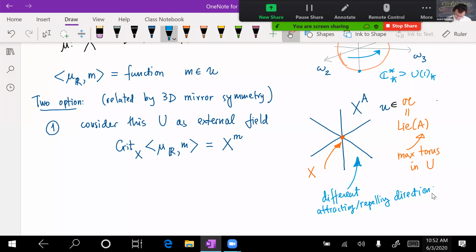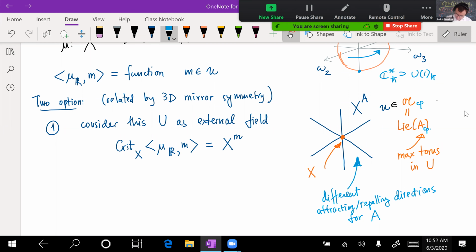I'll write A compact for this compact torus, for the whole torus of A. So A is a complex torus, and as I vary this parameter m, some directions go from being attracting to repelling.